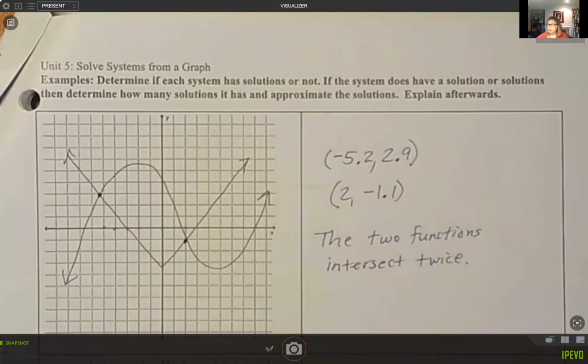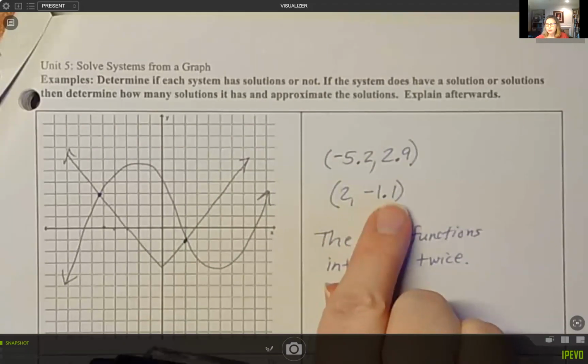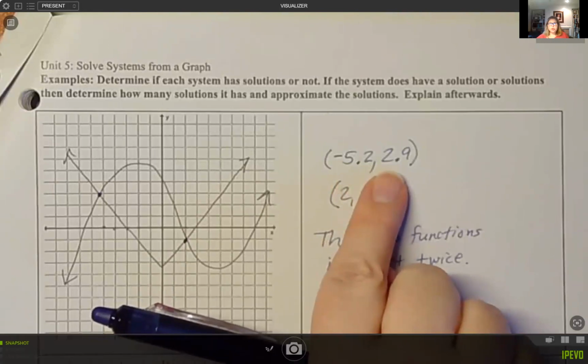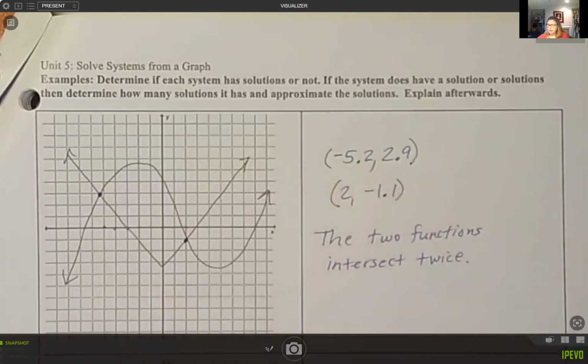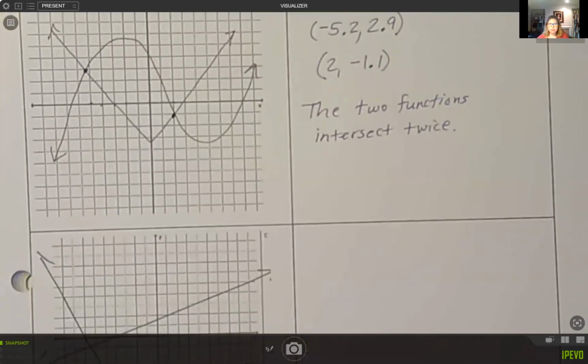Okay, so we don't have the equations for these two functions written out, but if we did, when we plugged in this x, y ordered pair, it would make both equations true. And when we plugged in the other one into each equation, it would also make the equation true. All right, the next example.